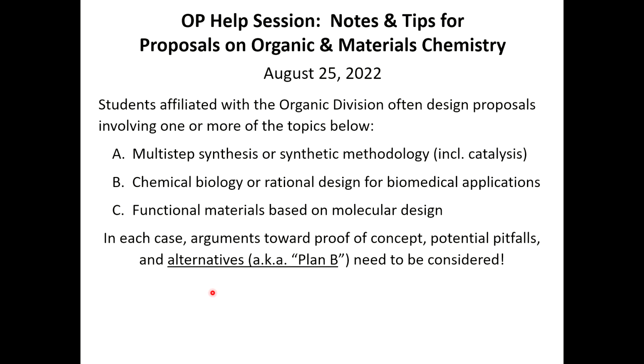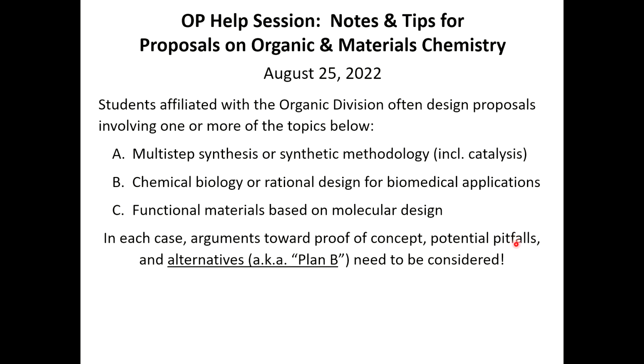Okay, for all of these, and for any OP in general, one thing to really be sure to do is, first of all, anything that you consider to be a novel proof of concept, make sure you have a good argument for that. Don't assume that we believe it's novel, so please do support that. The second is, even the best ideas have some weakness. Do your best to identify the potential pitfalls. Don't try to hide them, just recognize that they exist.